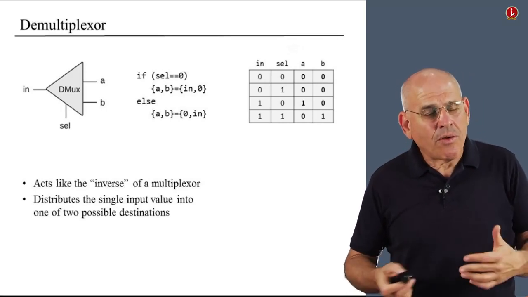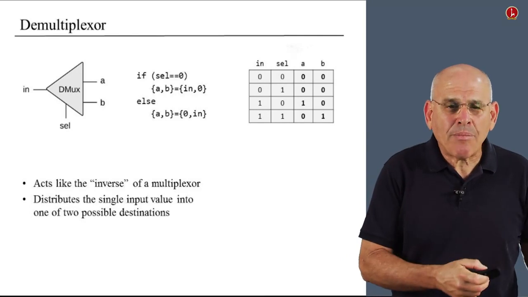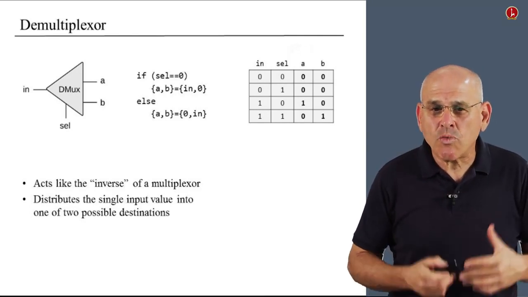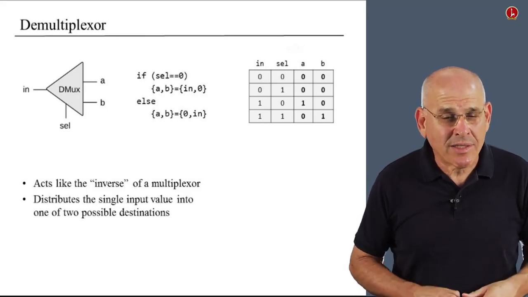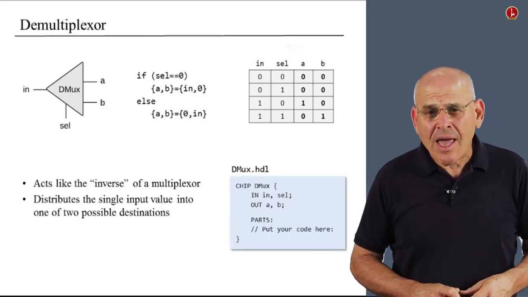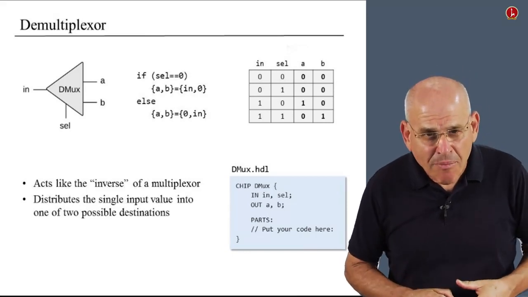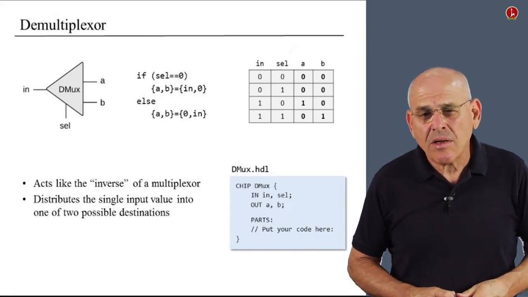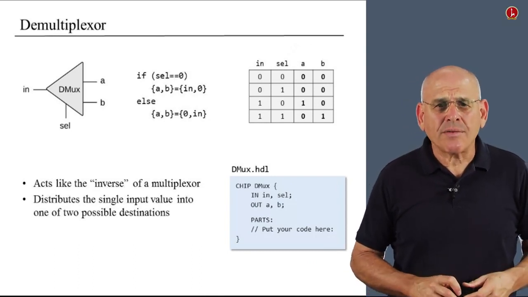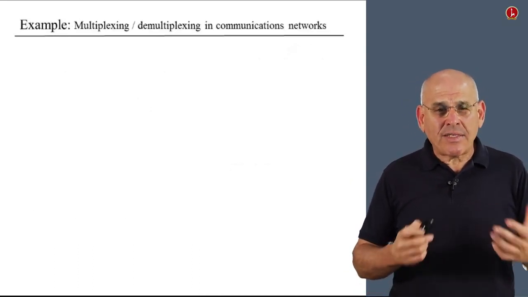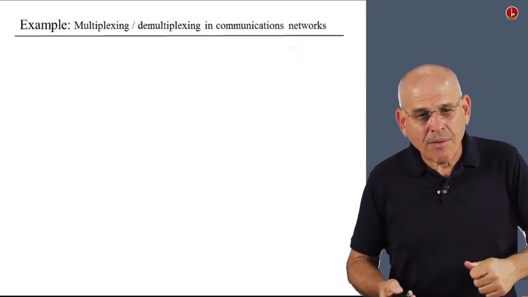Just like we said about the multiplexer, demultiplexing is also widely used in digital design projects as well as in communication networks. You are going to get the stub file, and you actually have to implement the logic in HDL.